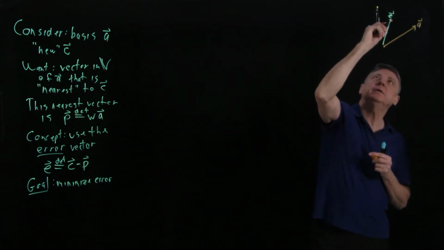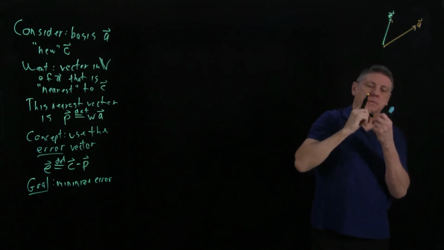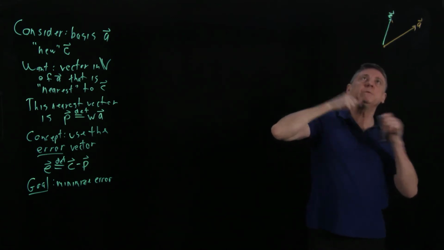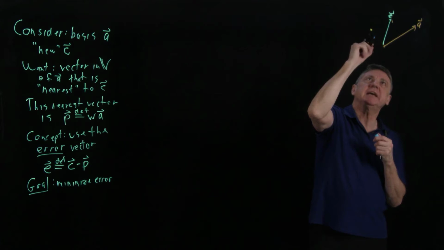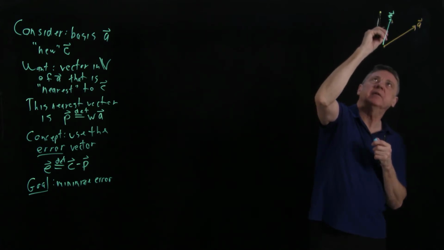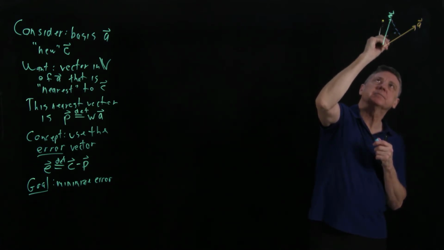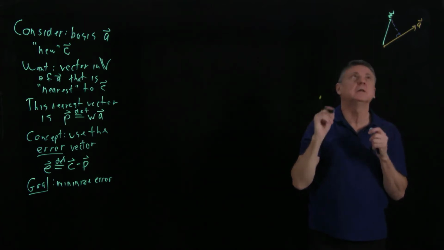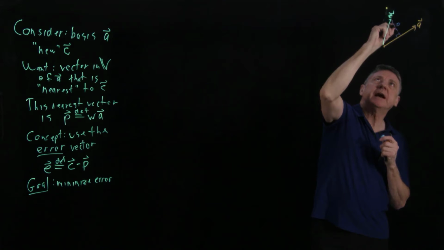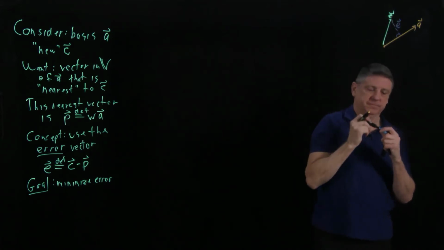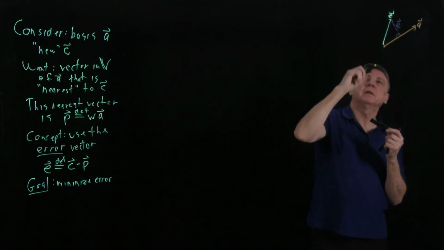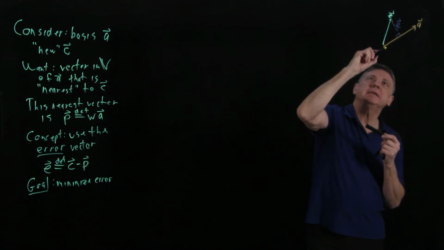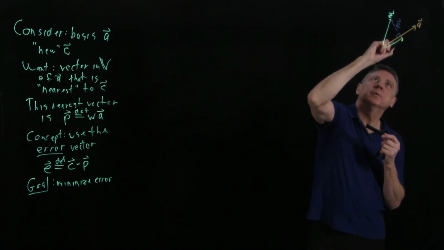Well, if we draw a perpendicular between C and A, it will look something like this. So that's perpendicular or orthogonal, and this will be our error vector E. And that implies that P will be this.